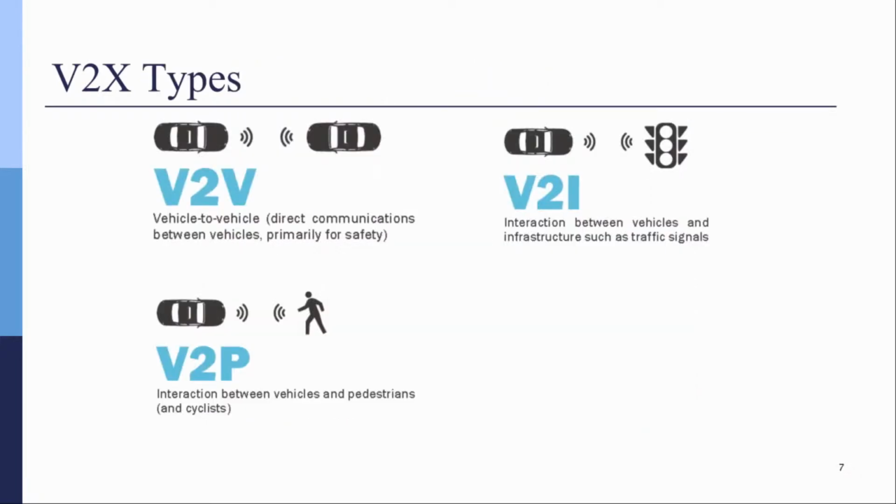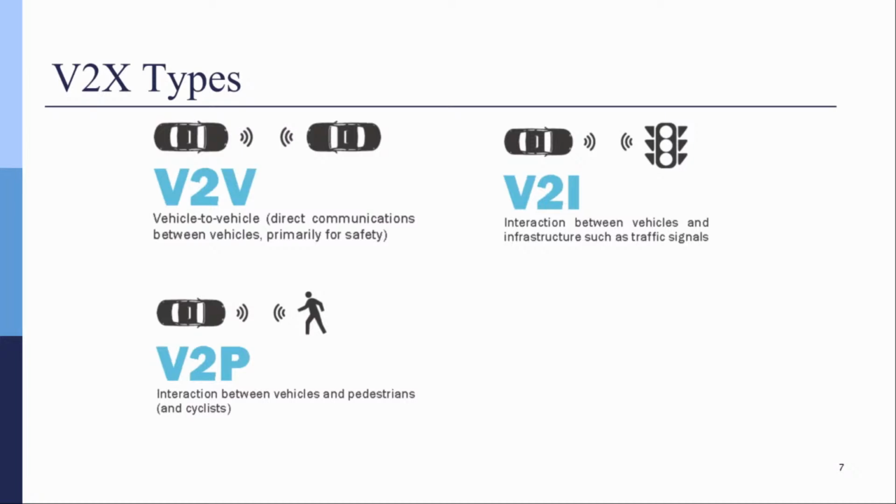There are three types of V2X. The first is vehicle-to-vehicle communications. In this case, two vehicles can communicate to each other directly. The second is vehicle-to-infrastructure. In this scenario, a vehicle can interact with infrastructure such as traffic signals.